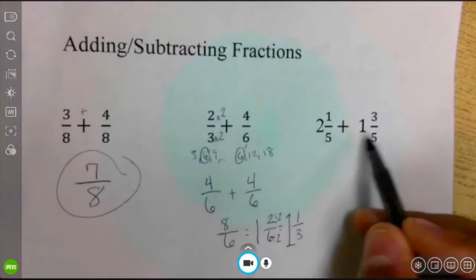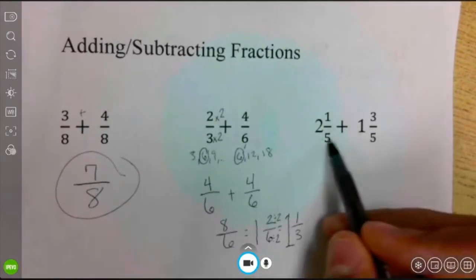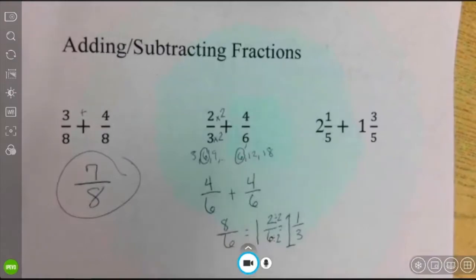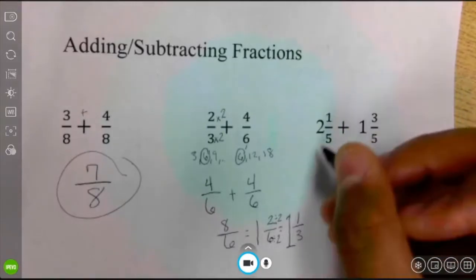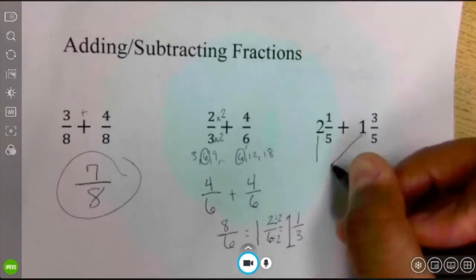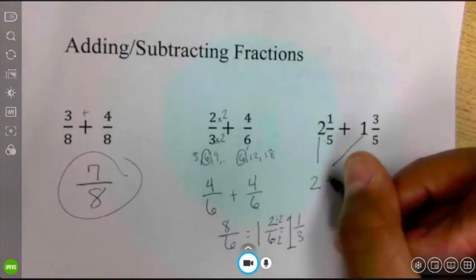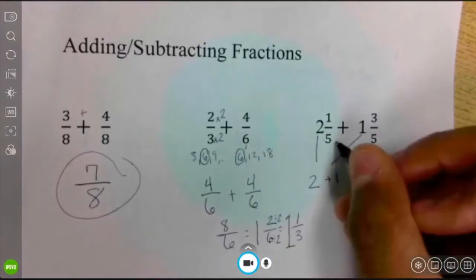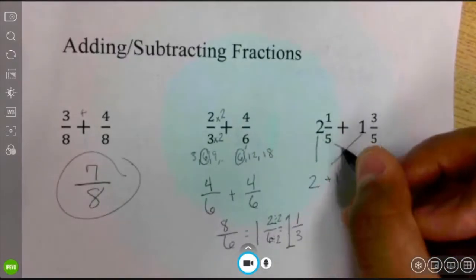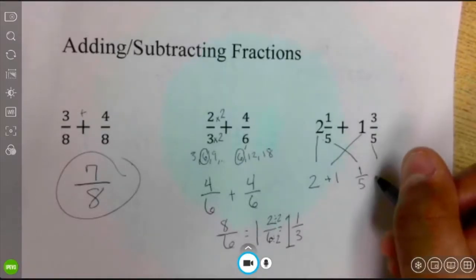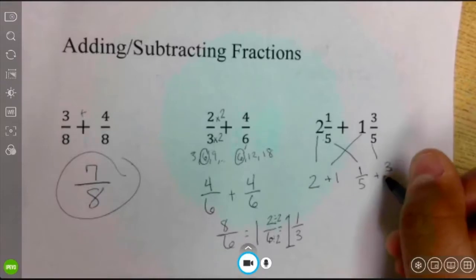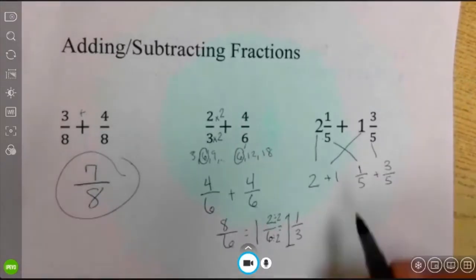Now we have a mixed number. So when you have a mixed number and they have a common denominator, we can pretty much do the same thing, all right? We can add our whole numbers separately. So let's look over here, 2 plus 1, and then add our fractions separately, 1/5 plus 3 over 5.